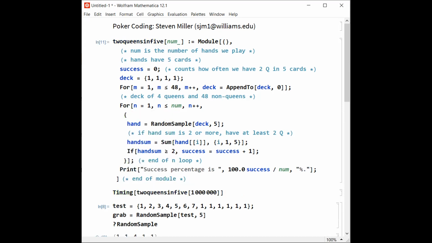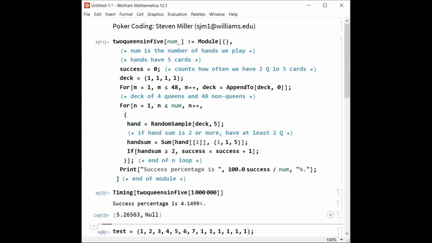We should play 1 million hands. And so we'll see how long it takes to do a million. Now, that wasn't too bad. 4.14. And the actual answer we had from earlier, 4.16, I think it was. So that's not that bad.